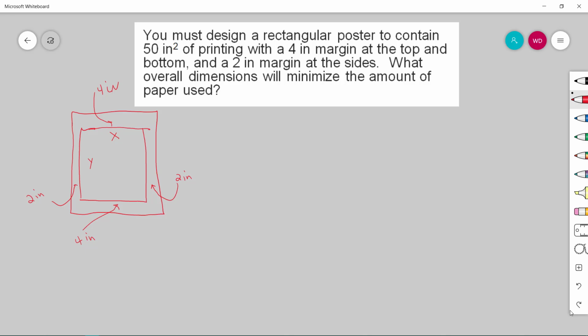So we have at least one constraint. I'm trying to minimize the amount of paper used. So I'll say that's A. A will then correspond to the area in square inches of the sheet of paper.